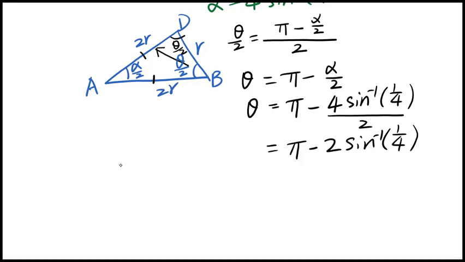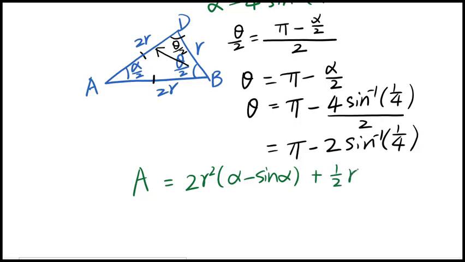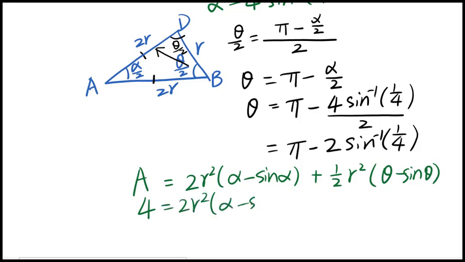From 4a, we already figured out the shaded area equals 2r squared times (alpha minus sine alpha) plus 1/2 r squared times (theta minus sine theta). They give it to you that the area equals 4, so you get 2r squared (alpha minus sine alpha) plus 1/2 r squared (theta minus sine theta).